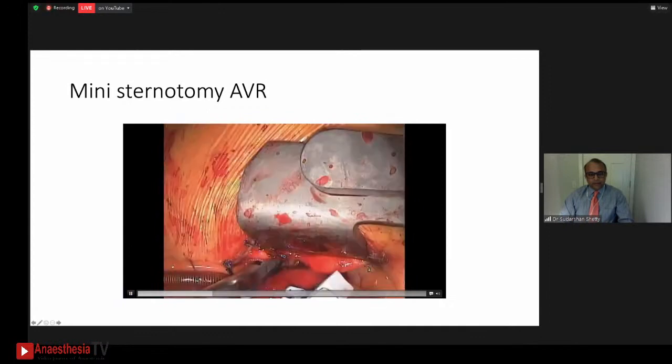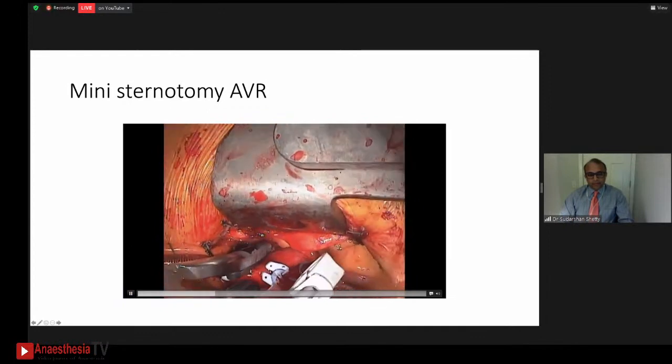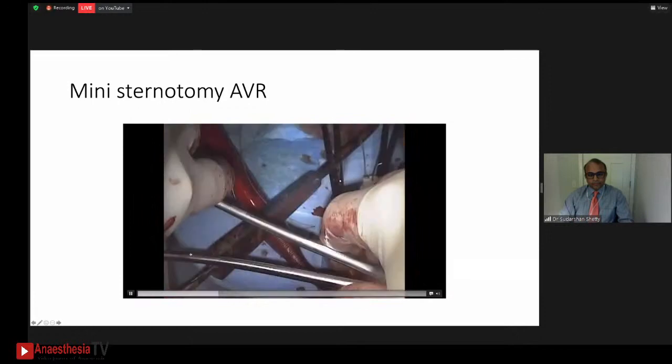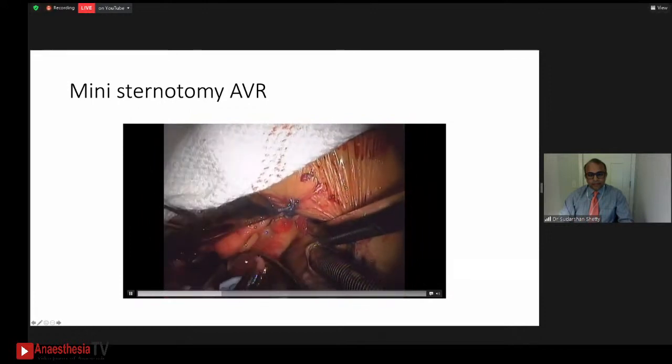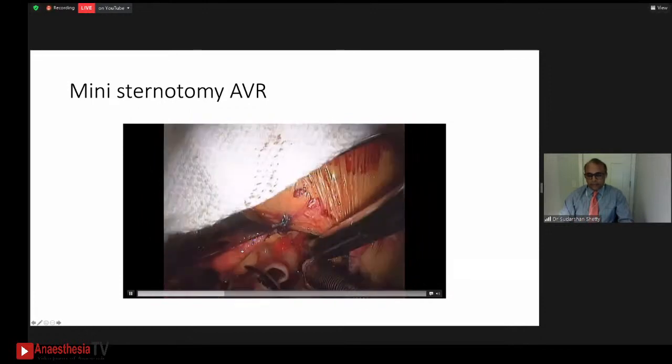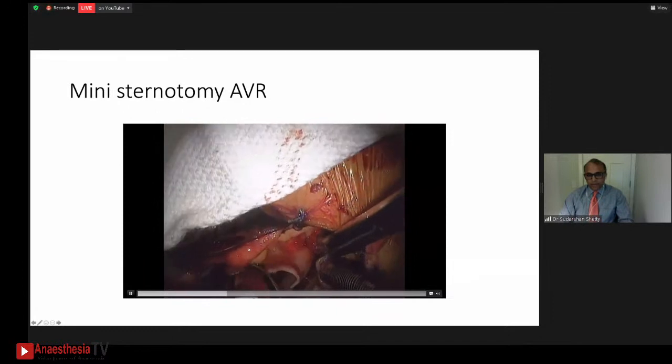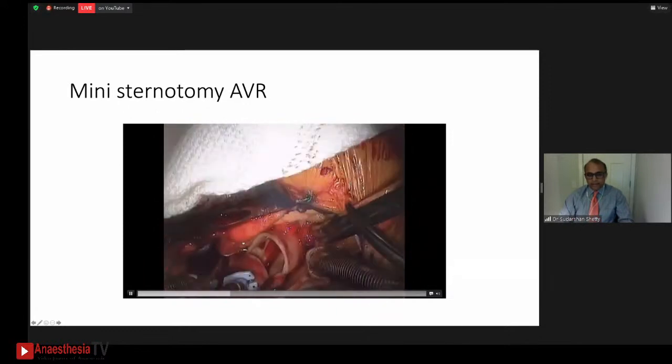That's the aortic cross clamp going on. That's the cross clamp. And then he's doing the aortotomy to look at the valve. And then he's going to excise the valve next.